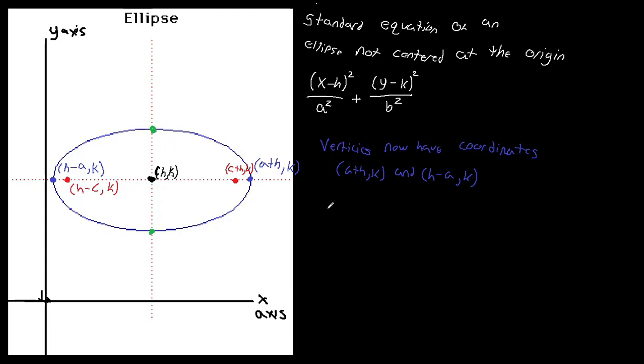So our foci have coordinates c plus h comma k and h minus c comma k.